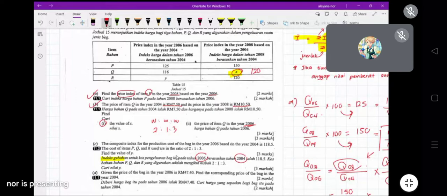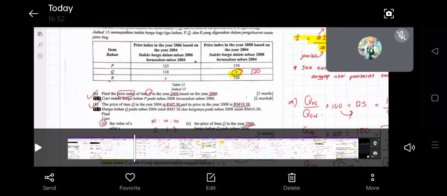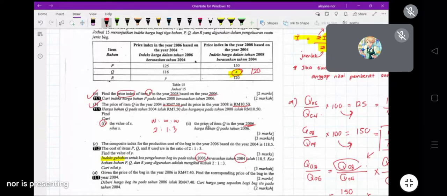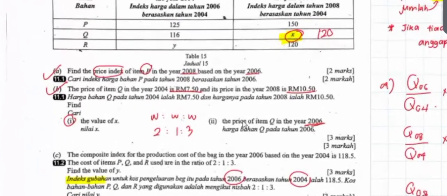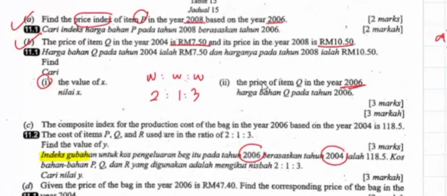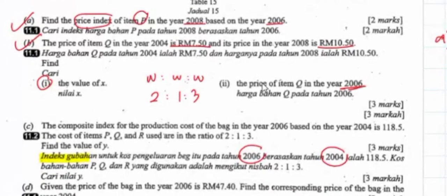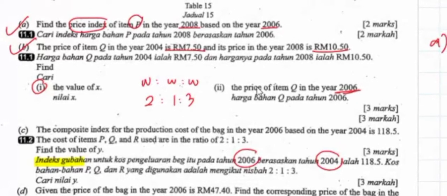What we're going to do right now is, I'm just going to show you. You see the ratio: there is 2, 1, and 3. This nisbah they give. So 2, 1, and 3 is the weightage you have to tambahkan in the end.